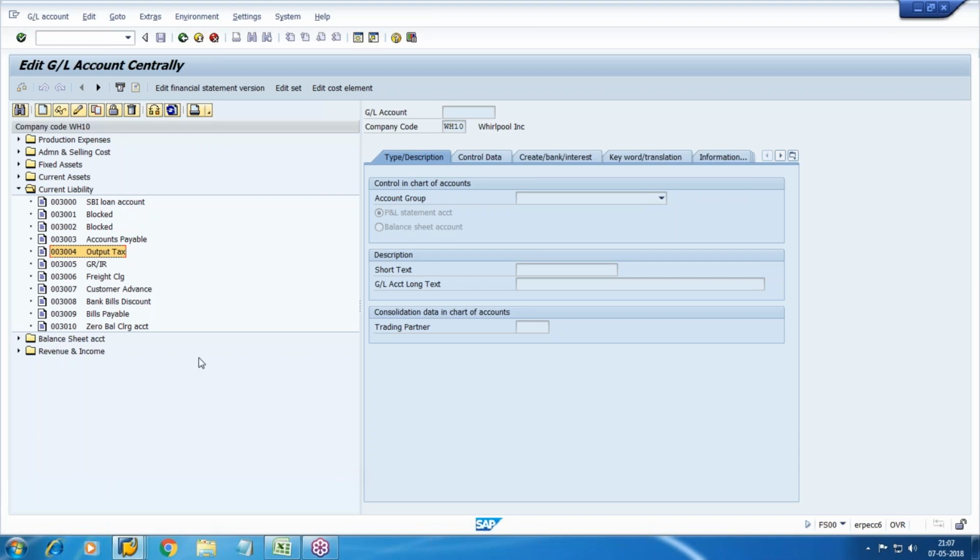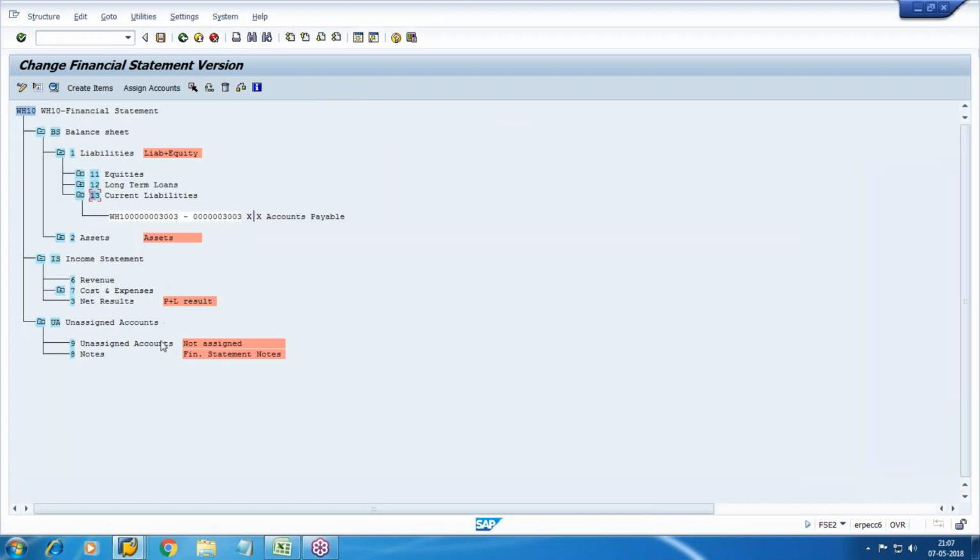Output tax. Any other item is there? No. Okay, put it under here. Actually, under this current liability, we can create accounts payable and other. Okay, let's do that.